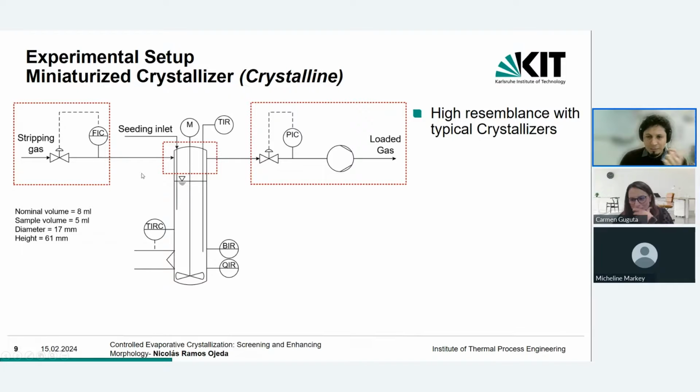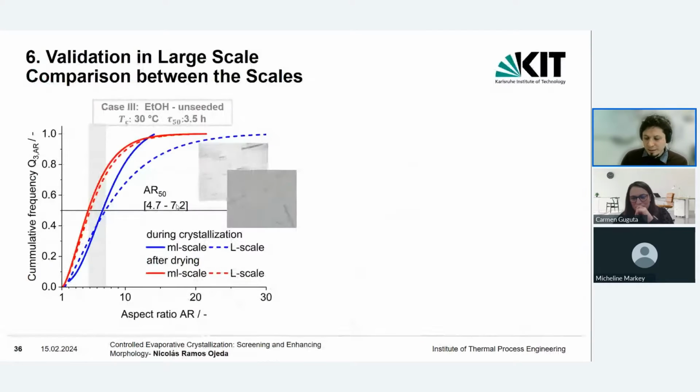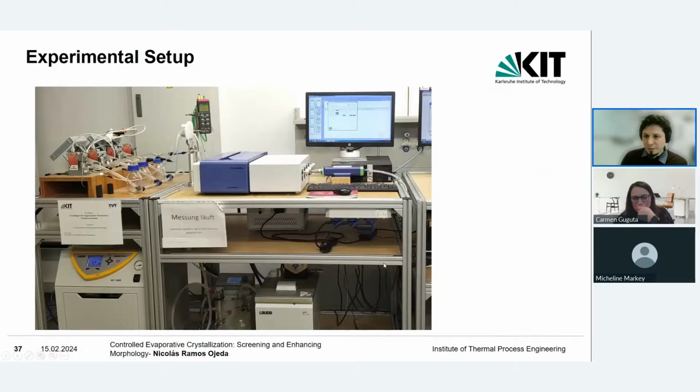Yeah, I think you can see here just the abstraction. So we had a mass flow controller. Maybe I will try to find the slide of how that looks at the laboratory. So you have here the mass flow controllers, which are connected to the crystalline.